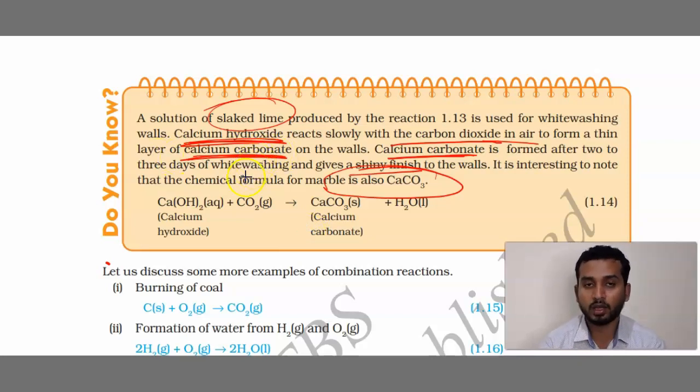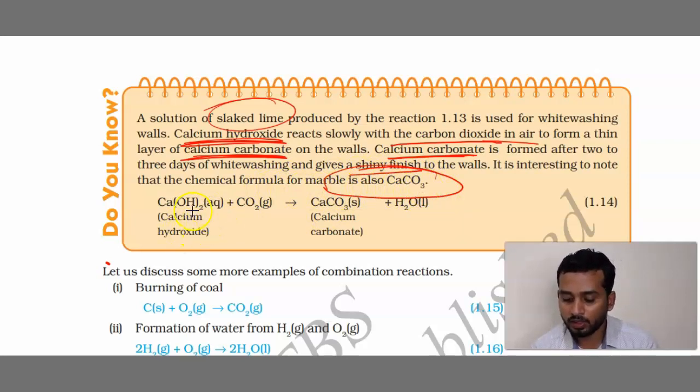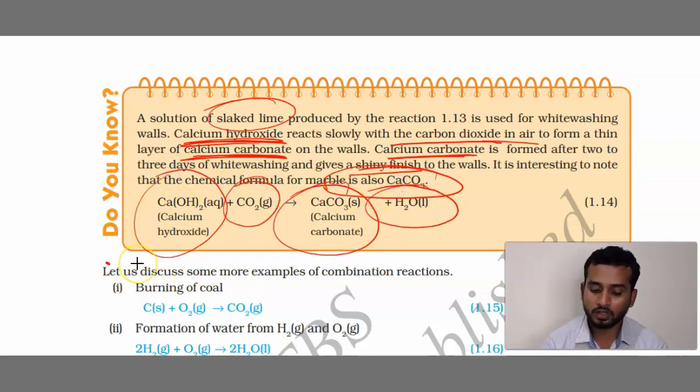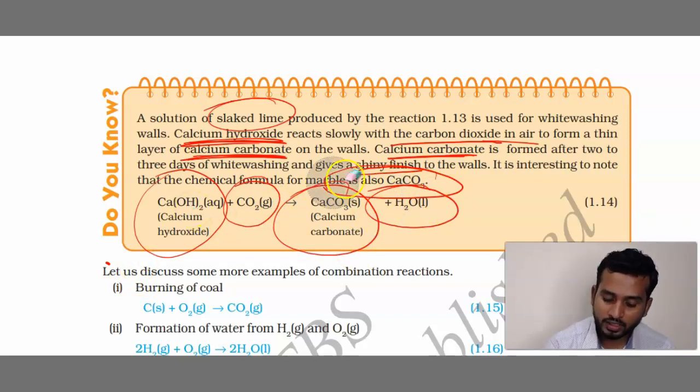Calcium carbonate, which gives us the shiny surface. And what is the chemical formula for marble? CaCO3. Calcium hydroxide, when it combines with carbon dioxide, gives calcium carbonate and water. Is this clear? Very good. Now let us solve the next topic.